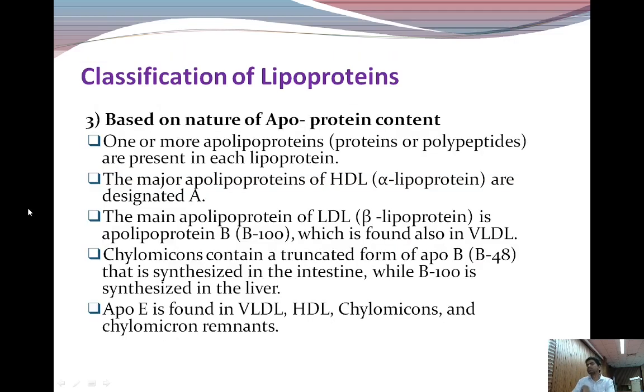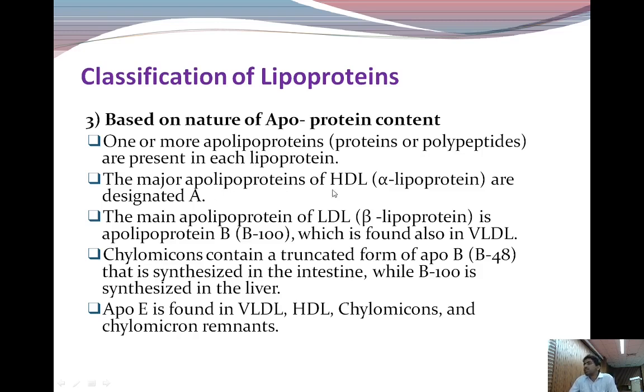So now the classification of lipoprotein based on the nature of apoprotein, the protein content. What are the major types of lipoprotein, as we read? HDL, LDL, VLDL, IDL, and chylomicron. Generally all these lipoproteins will have different types of apoproteins also. One or more apoproteins or apolipoproteins, which are basically proteins or peptides, are present in each lipoprotein.